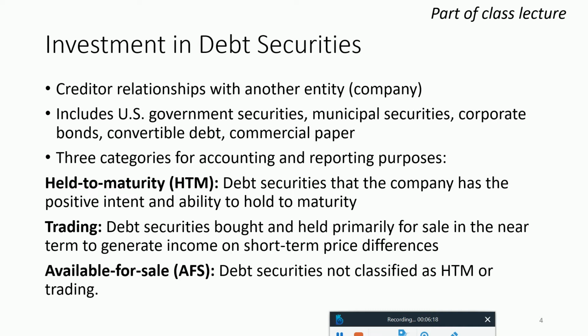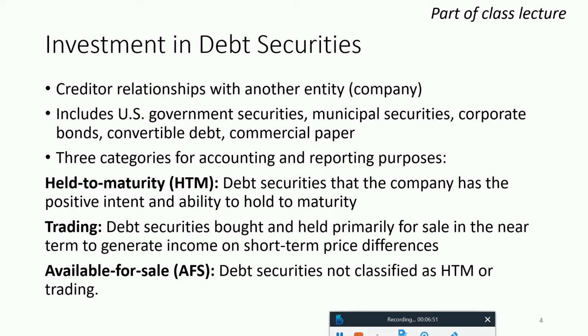So the government or cities issue debt. Companies or other parties give the city or the government money, and in return they get periodic interest payments, and then at the maturity date of that debt, they're going to be paid back. When you think about investments in debt securities, 2 weeks ago during week 1, we talked about debt as if it was the company that was issuing the debt, therefore receiving the cash.